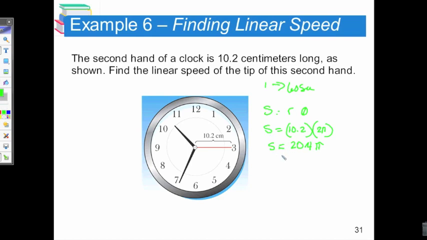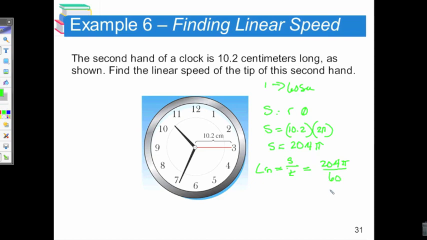What I need is how quickly it's moving around that arc length. So I need linear speed equals S over t, which in this case S is going to be 20.4 pi, and time. How long does it take to make that full arc length, to go completely around? Well, we talked about that in the beginning. A full rotation is 60 seconds.